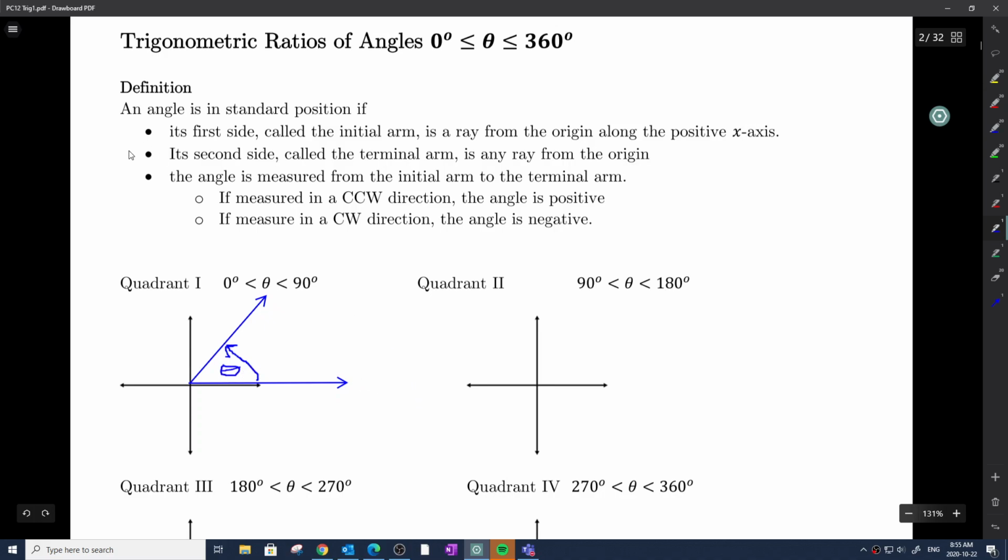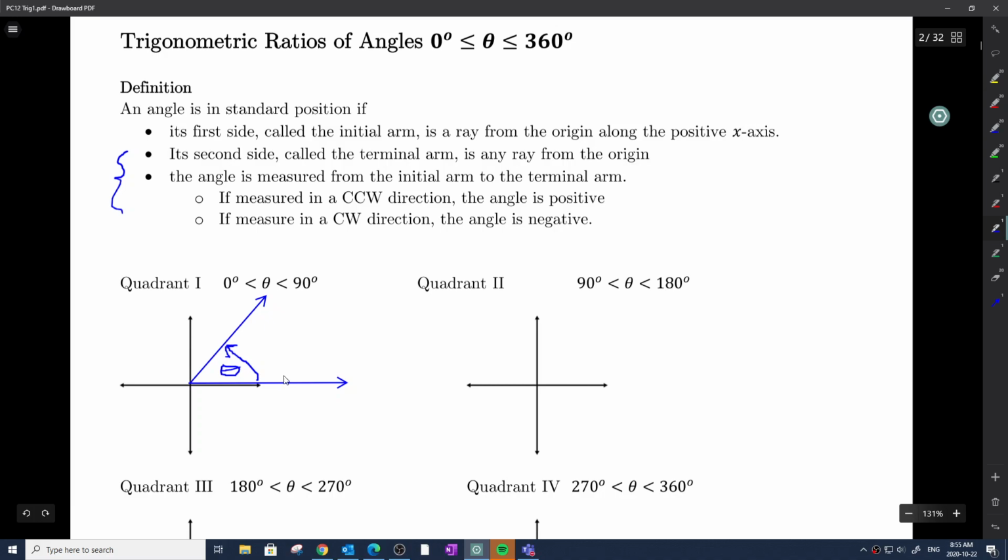So in relation to this definition above, we have a ray along the positive x-axis that starts at the origin. We have a terminal arm that starts at the origin and goes away from the x-axis. The angle, if it's measured in a counterclockwise direction, or sometimes called anti-clockwise direction, the angle is positive.